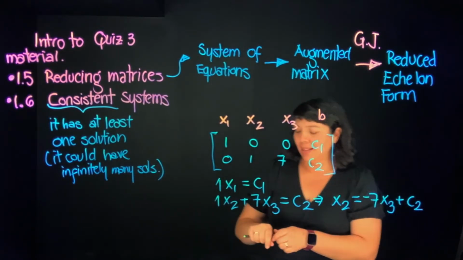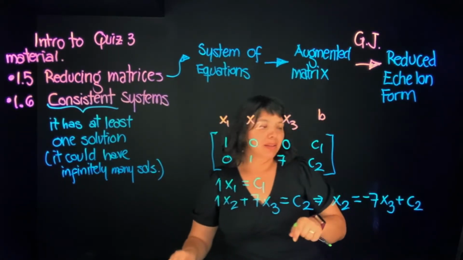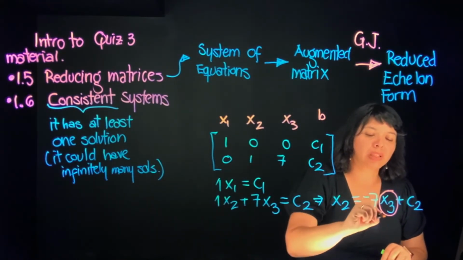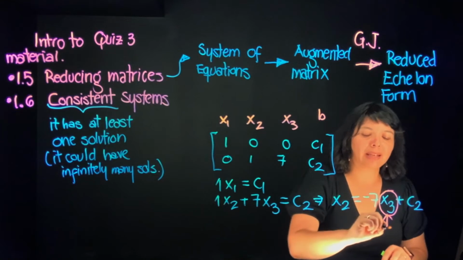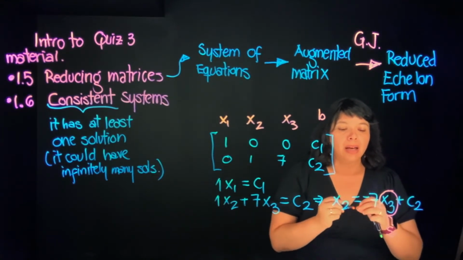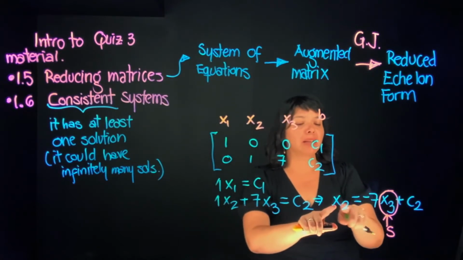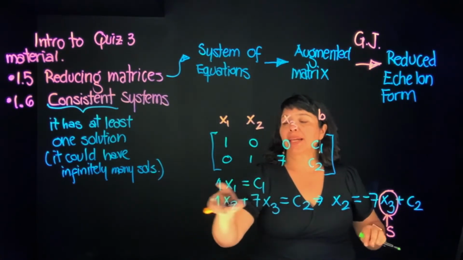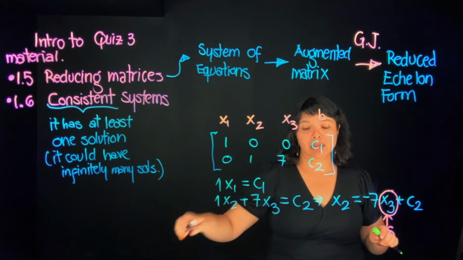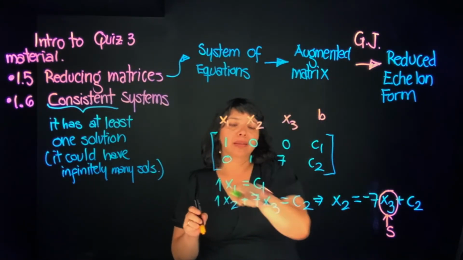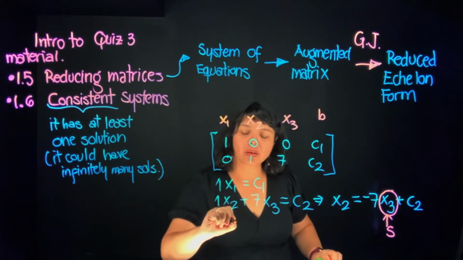And that tells me that if I can make x3 into any value, we call this any value s. For any value s that I have here, that tells me the value of x2, and the value of x1 is already determined.